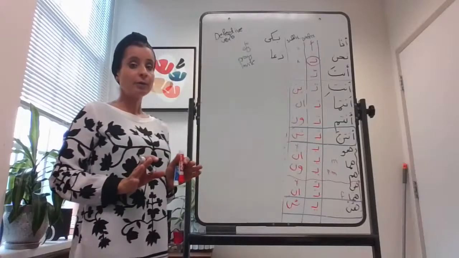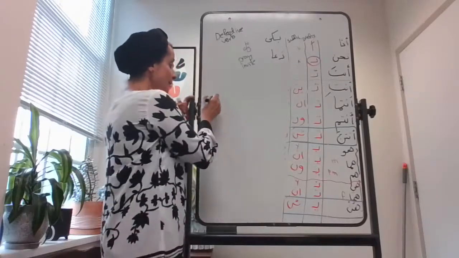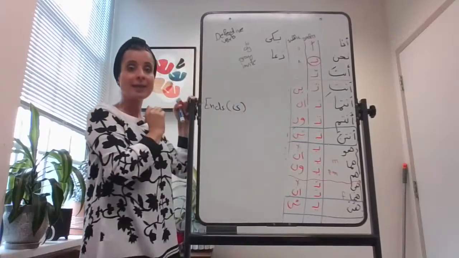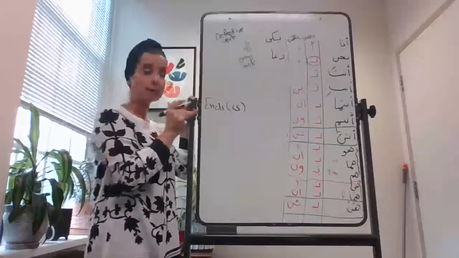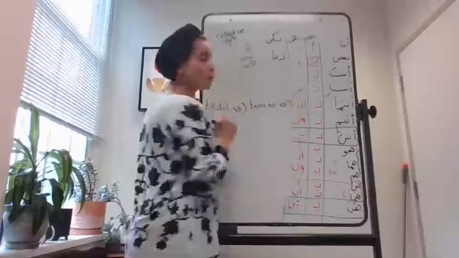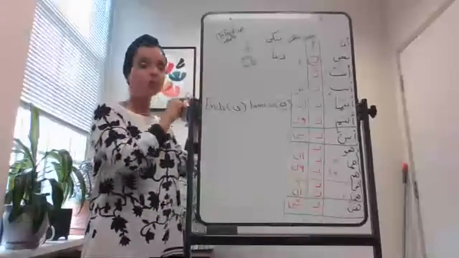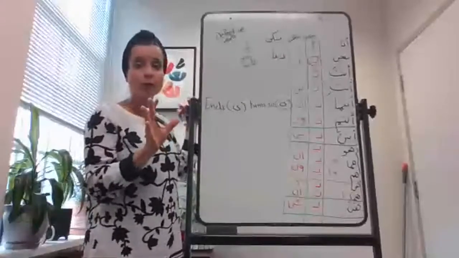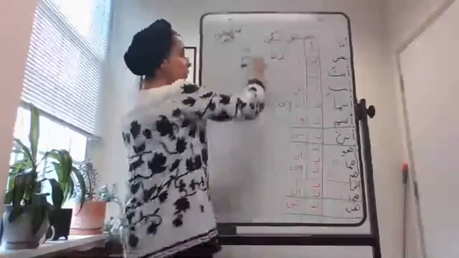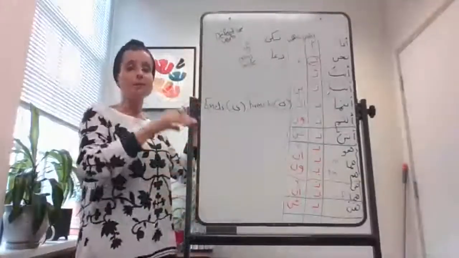If the verb ends with broken alif, the broken alif always turns to ya, always. Just by looking at the shape of the alif. You don't need to know the verb. You don't need to know the meaning of the verb. No need for a dictionary. Just by looking at the verb. If the verb ends with broken alif, the broken alif always turns to ya.